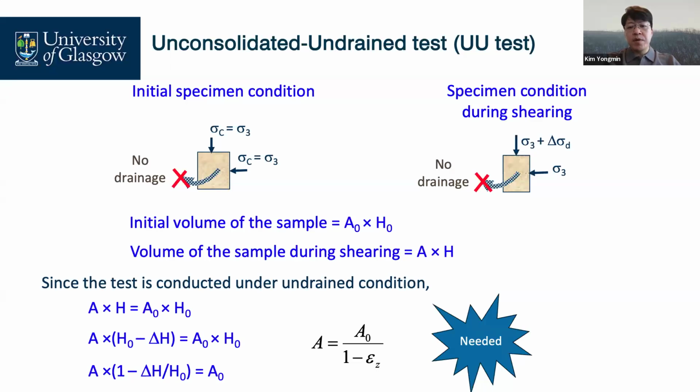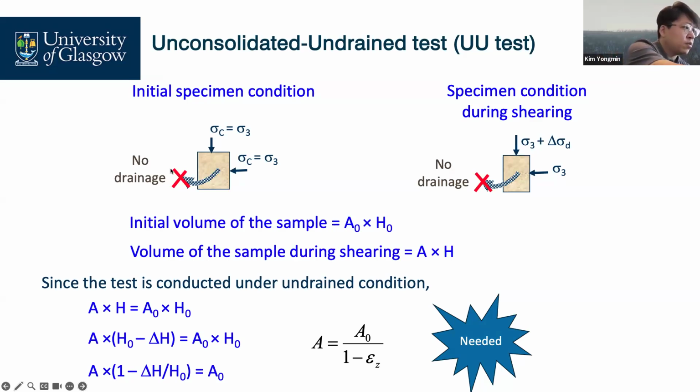What is an important step in the test under the undrained condition is to correct your soil sample area when processing data. This area is the initial area, right?